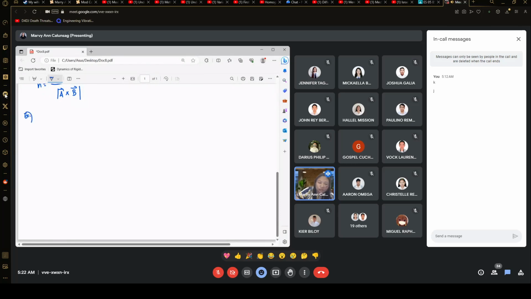Let us say, for example, we have two vectors A and B. For vector A, we have the value 2i, 3j minus 4k. And for vector B, we have 3i minus 4j plus 2k. So 2, 3, negative 4, and 3, negative 4, 2.